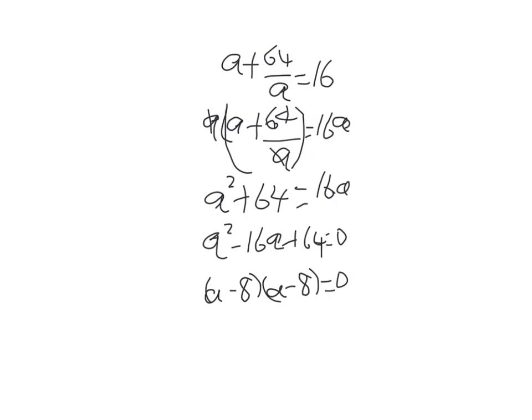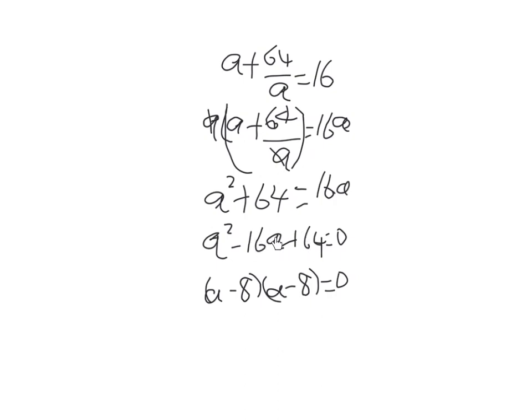As I said, A times A is A squared. Negative 8 times negative 8 is positive 64. Then negative 8 minus 8 is negative 16. So those are the factors of this equation right here.